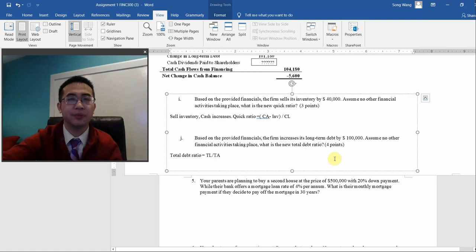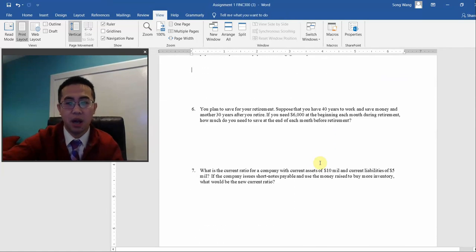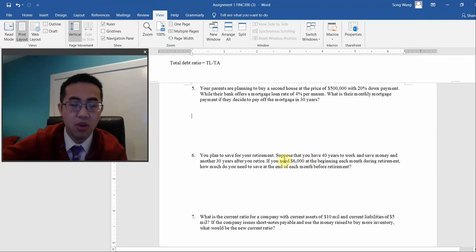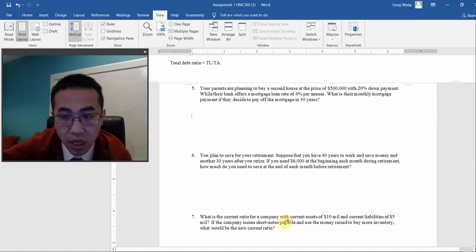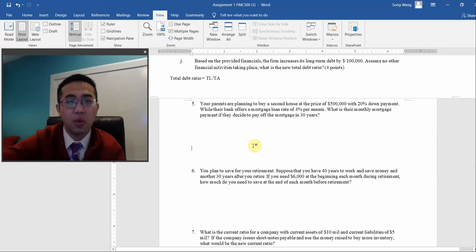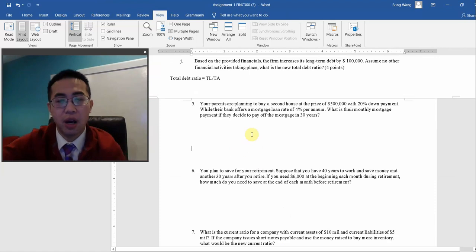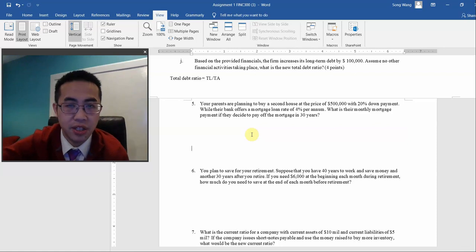Question 5, 6, and 7: question 5 and 6 are also from chapter 5, and question 7 I would say is coming from chapter 4, the financial ratio chapter. So for question 5, your parents are planning to buy a second house, and the price is $500,000, and they're going to pay 20% as down payment.